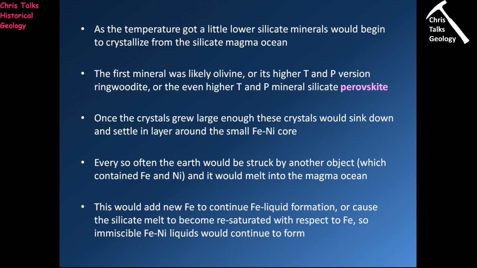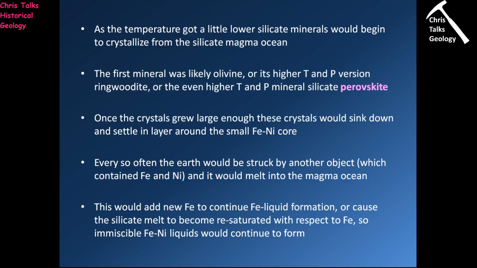We would very likely have seen minerals like olivine or ringwoodite or maybe even silicate perovskite making an appearance. They would have been the first minerals to form, and those crystals would have floated around in the magma ocean until they grew so large that they too were too heavy to be supported by the magma, and they would also begin to sink towards the center of the Earth.